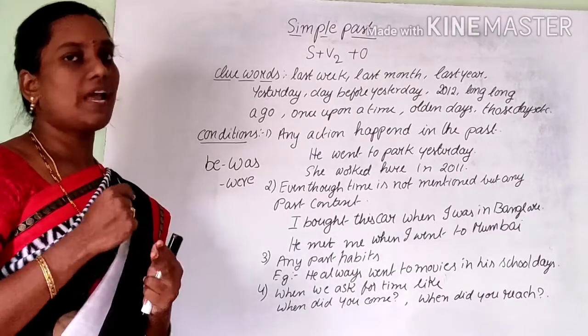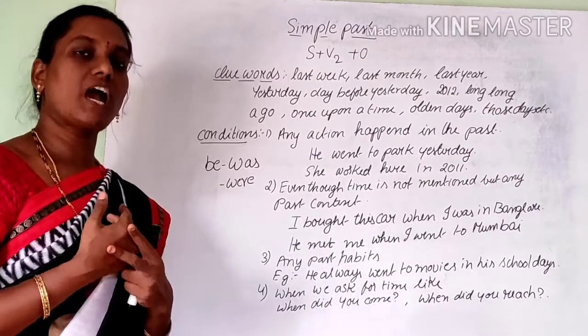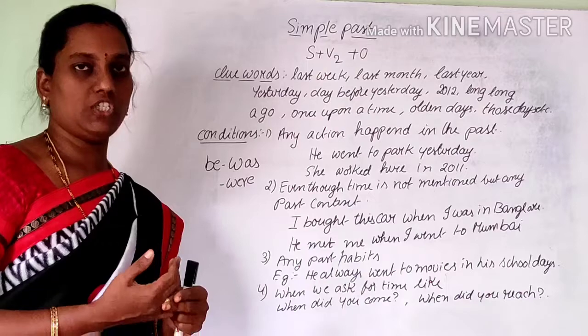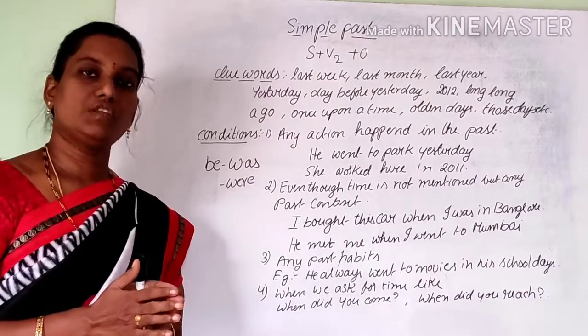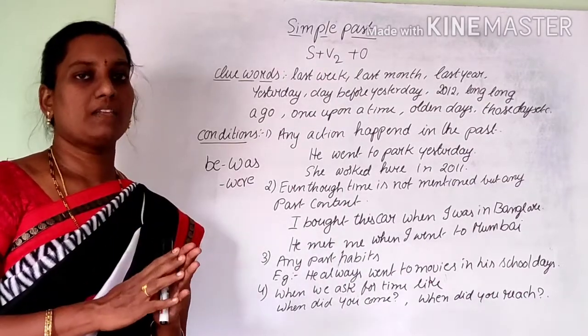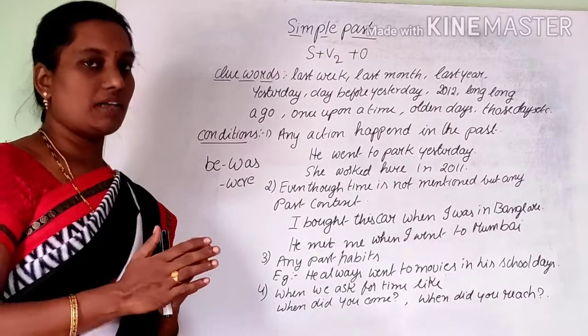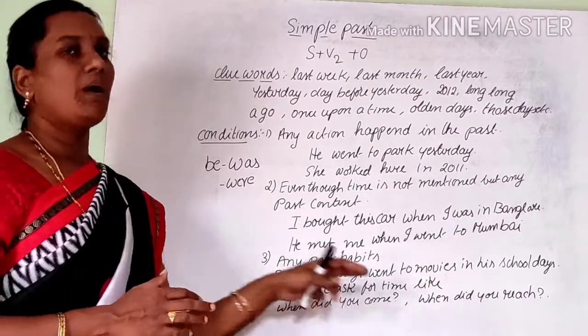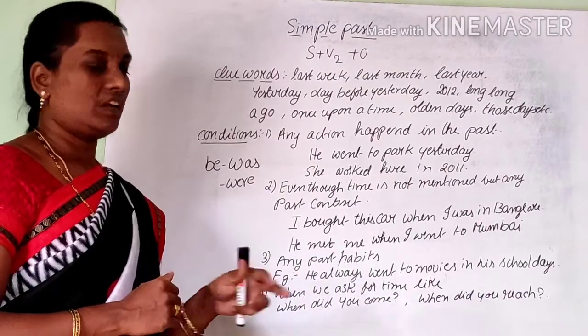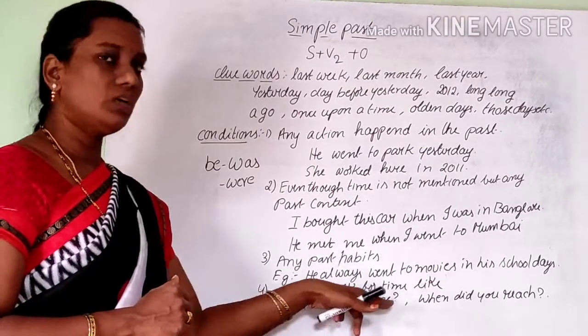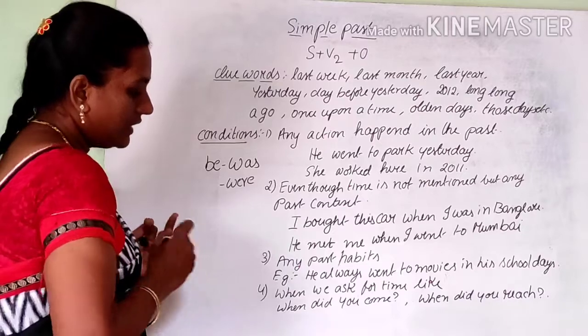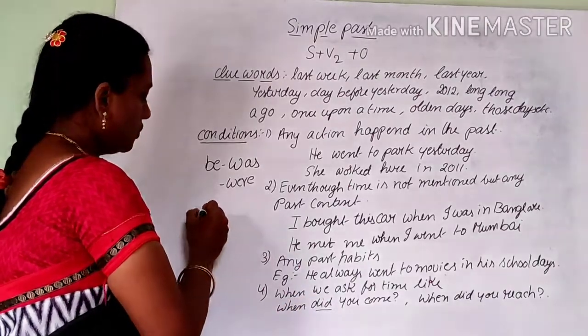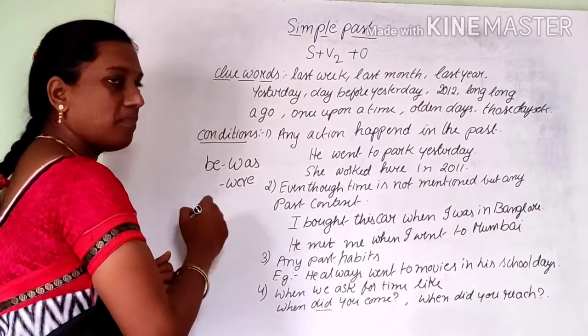And there is also another condition, that is when we ask for time information, we use the question form which is in the past tense. So how to ask the question? See, when did you come? When did you come? See here, did is the do form of past tense.